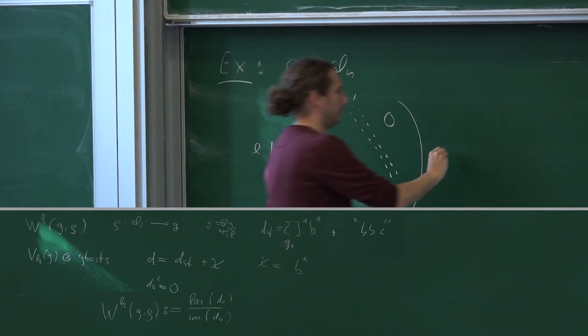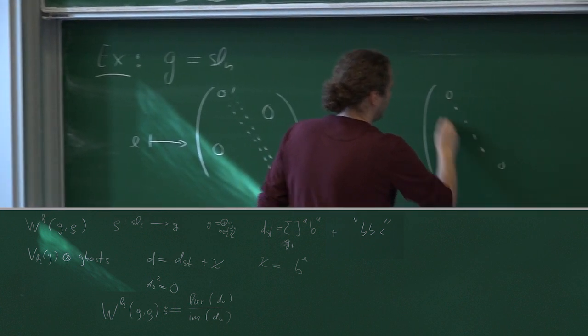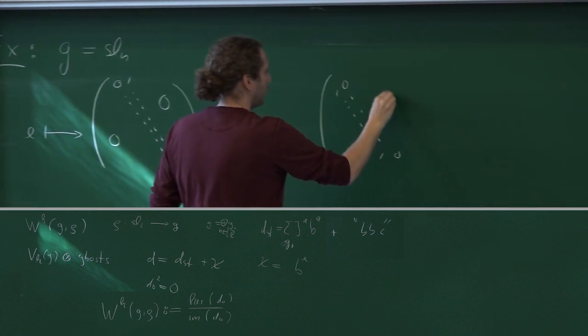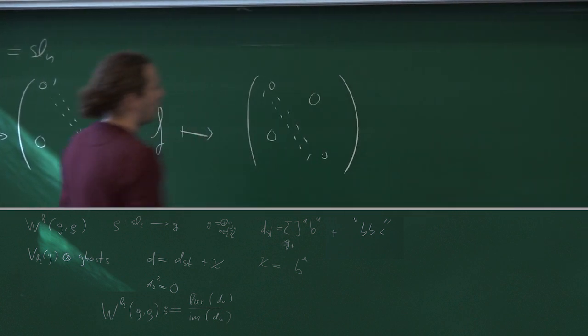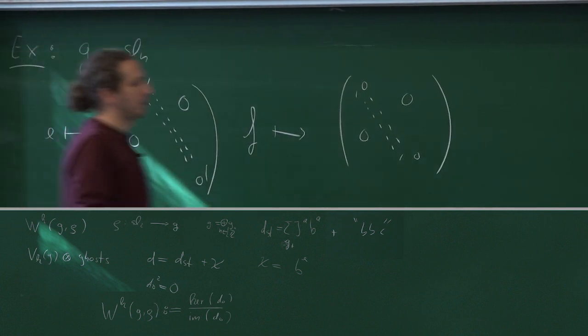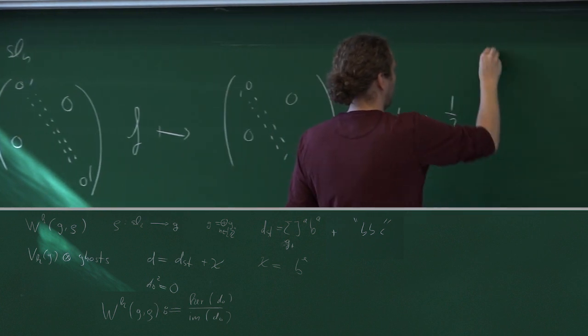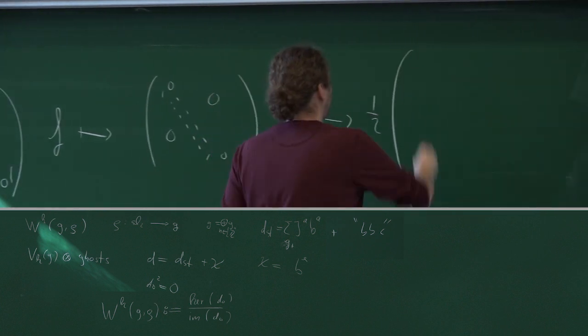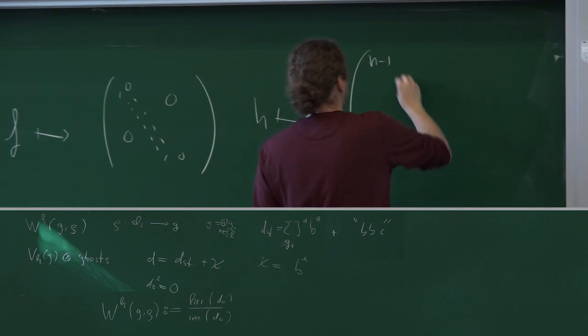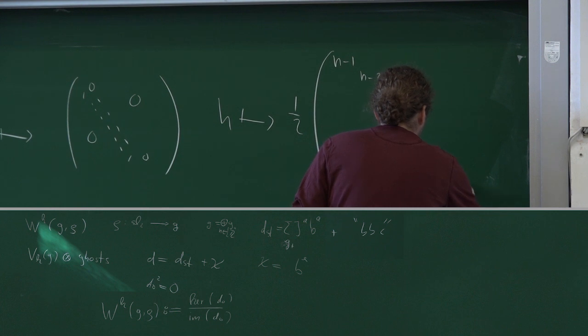It maps F to the transpose of this matrix, so just ones right below the diagonal, and H is mapped to a diagonal matrix where the diagonal entries go from n minus 1 to 1 minus n.